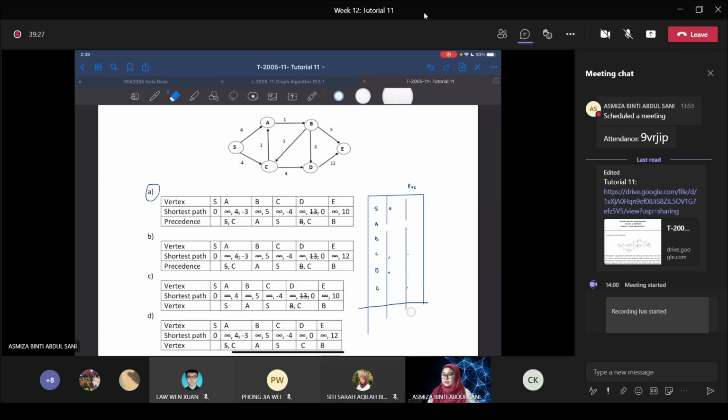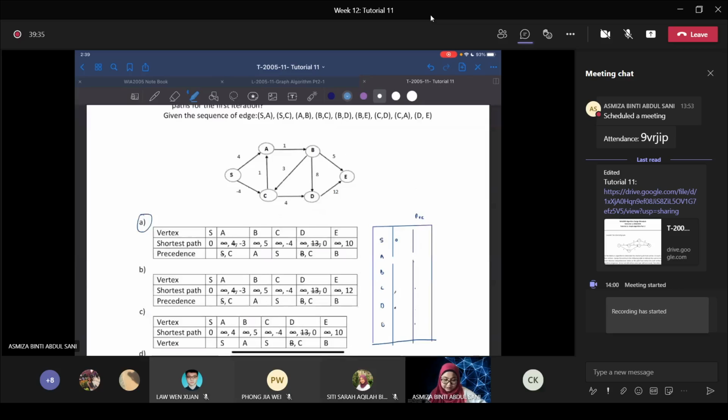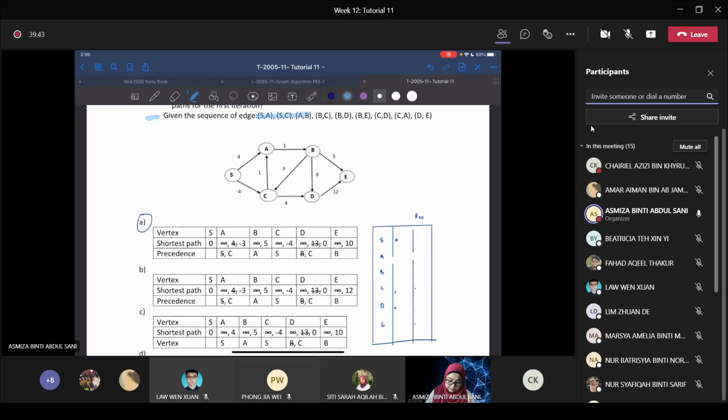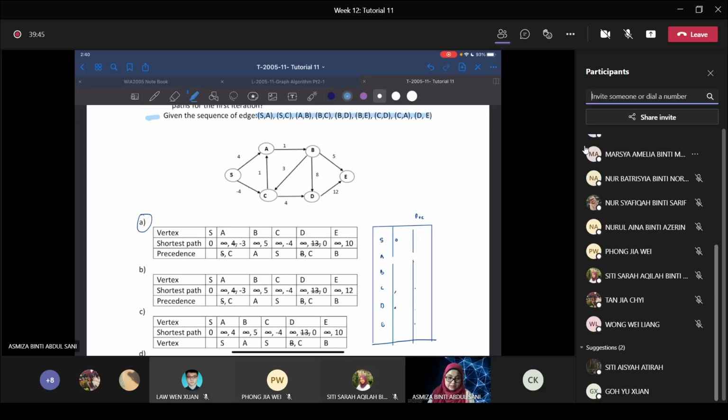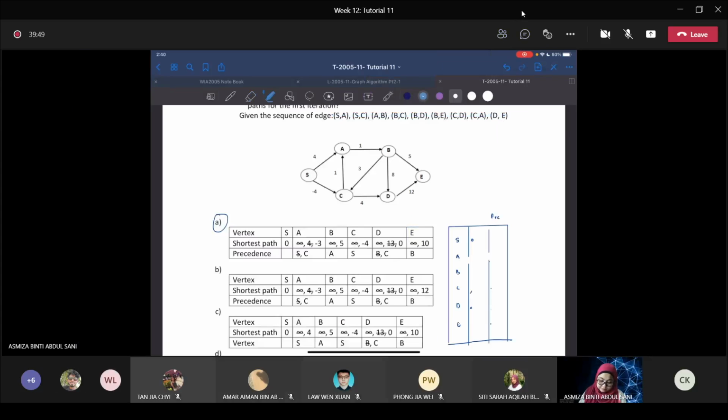So okay, let's try to do this one. Basically, since we want to make sure that for the first iteration all of us get the same answer, the sequence of the edges has been given. These are the sequence of the edges that you need to go through one by one. So let's start to relax the edges based on this.